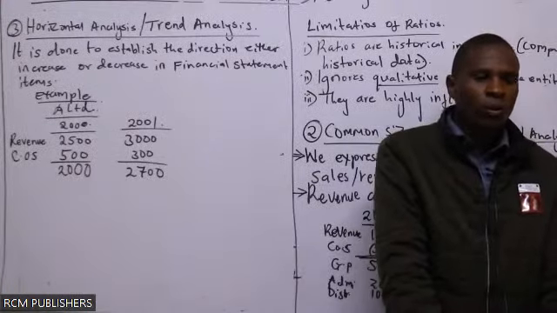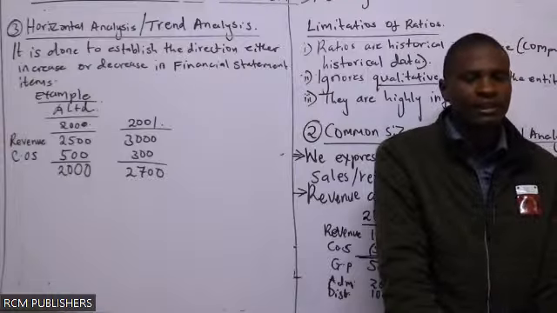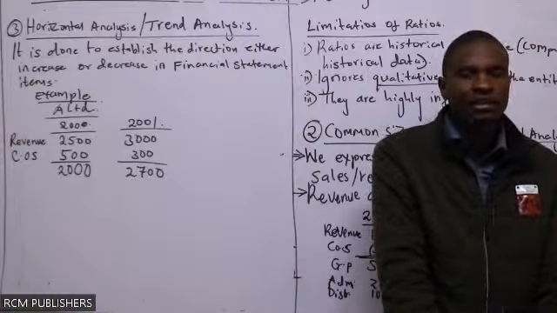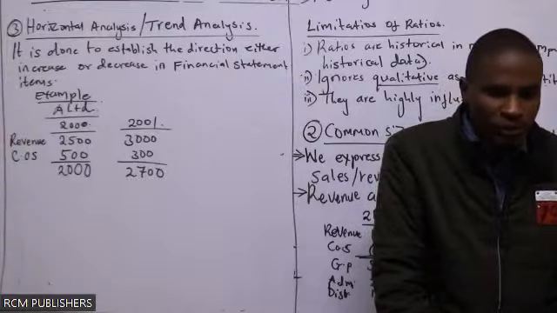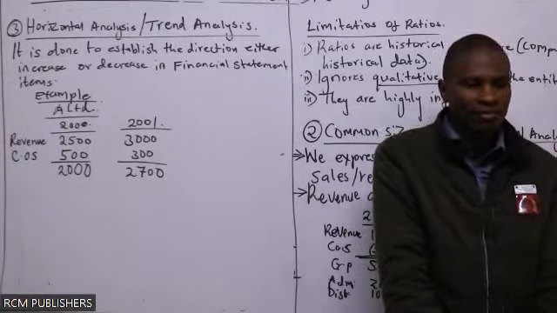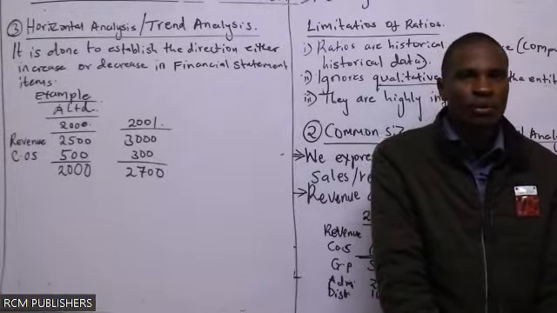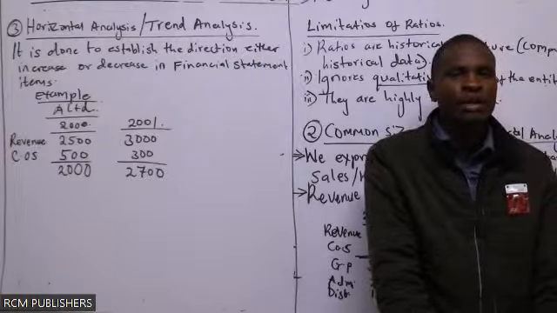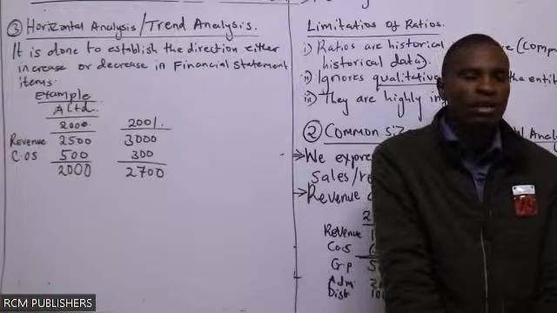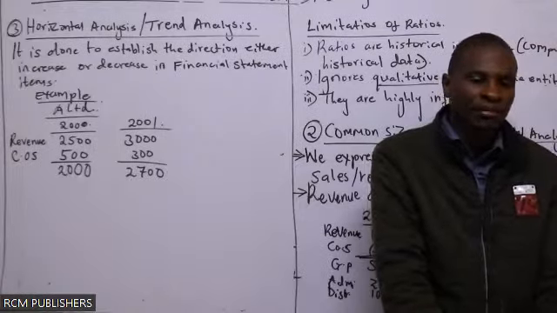Yes. So our 2000 is preceding 2001. In 2000, we had a revenue of 2,500, but in 2001, the revenue increased to 3,000.